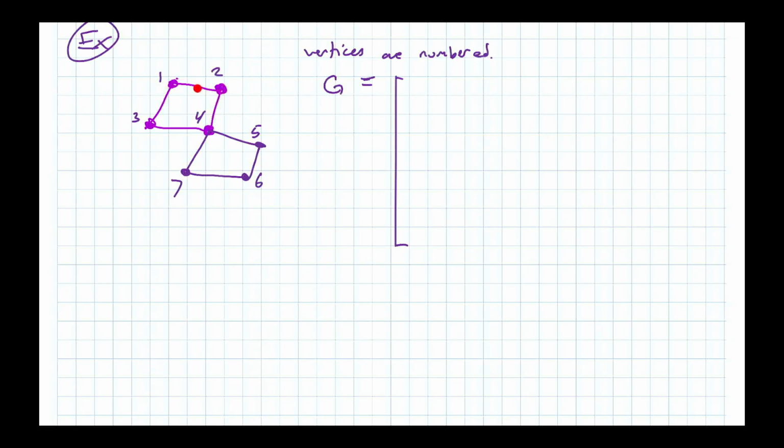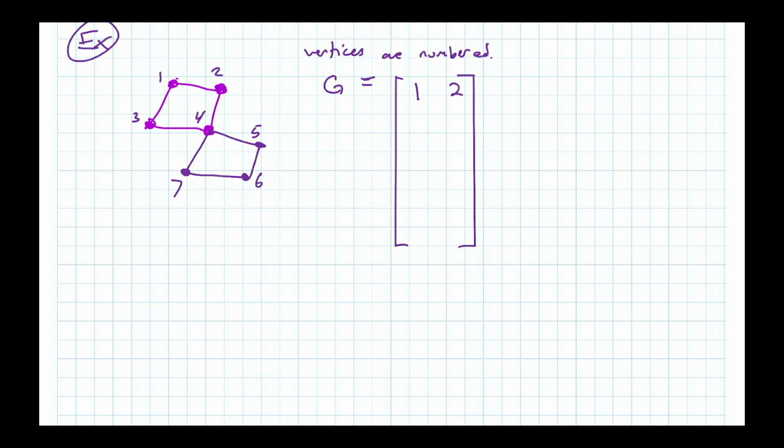Like this edge right here is vertex 1 to vertex 2. So that's 1, 2. And if I just put 1, 2 into a matrix, that's going to be fine for that first edge.